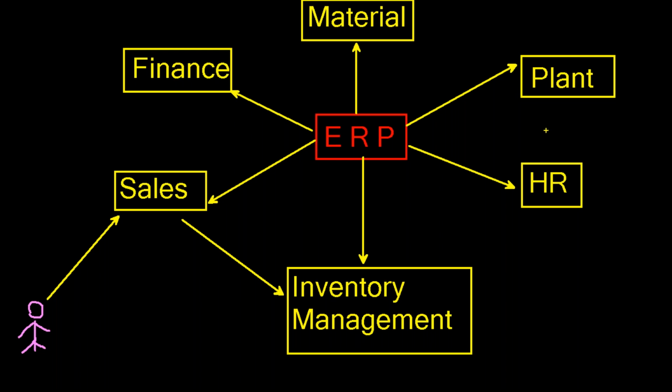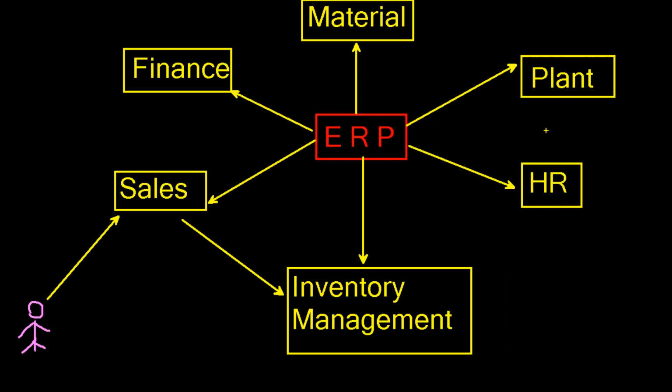If the organization is not using any ERP application, they should approach manually only. The sales team should approach the inventory management team manually. The inventory management team should approach the material department, the plant department, the finance department, and the HR department.